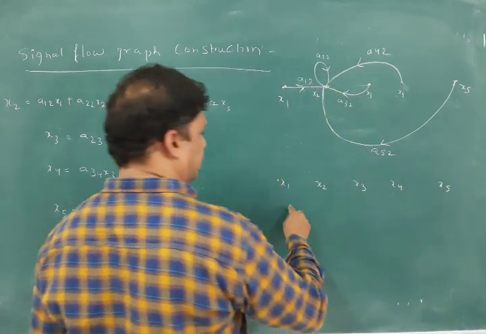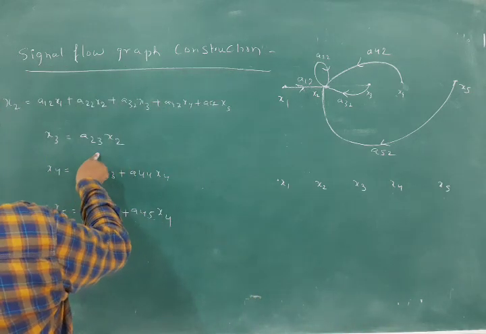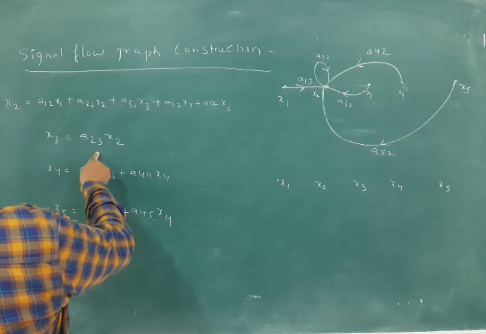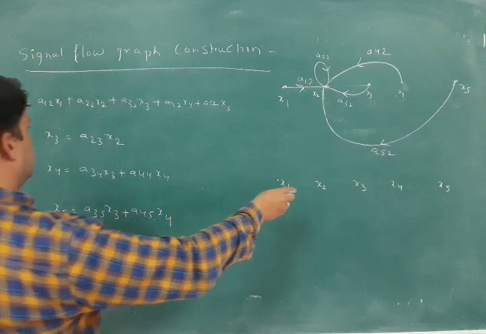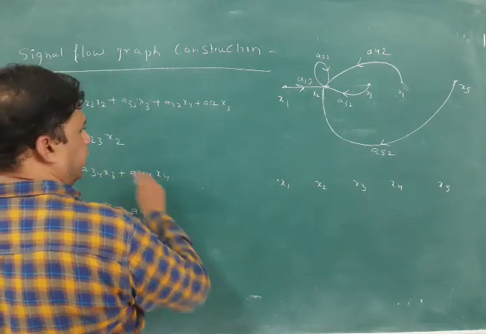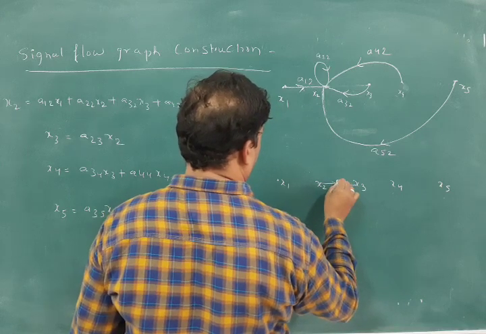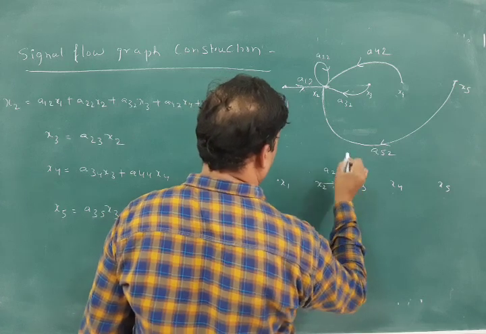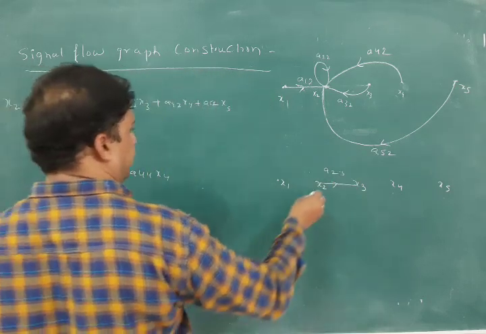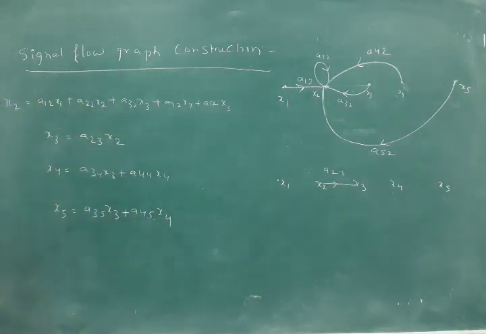Then this equation can be written as X3 equals A23 into X2, which means you have to see that it is A23. We can write A23 like this. This is one equation. And coming to the other equation here, it is X4.